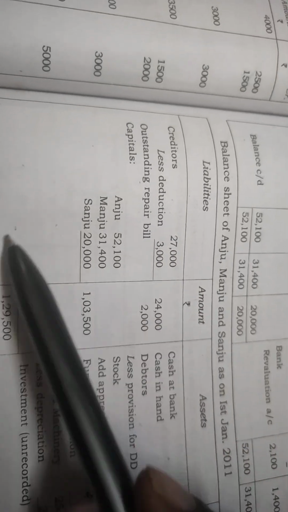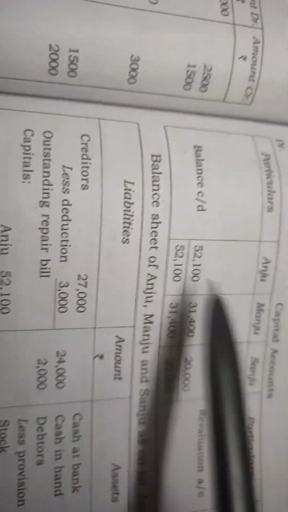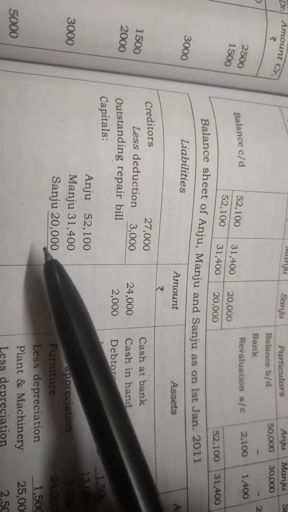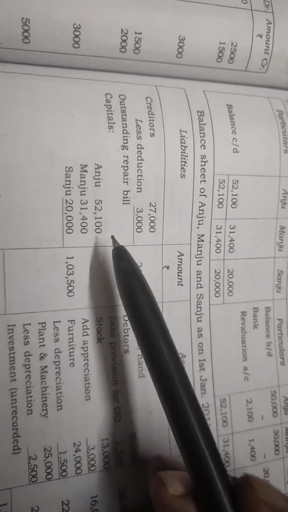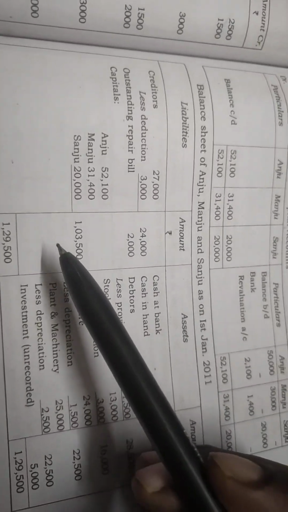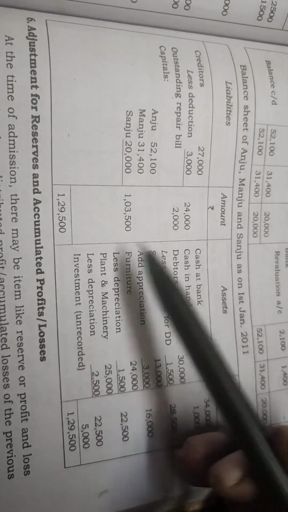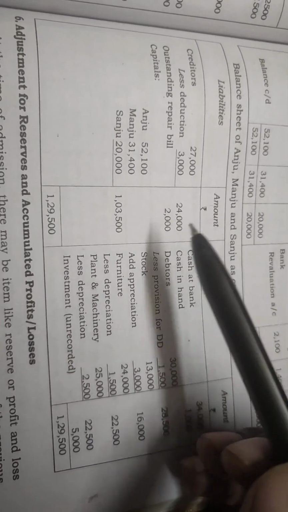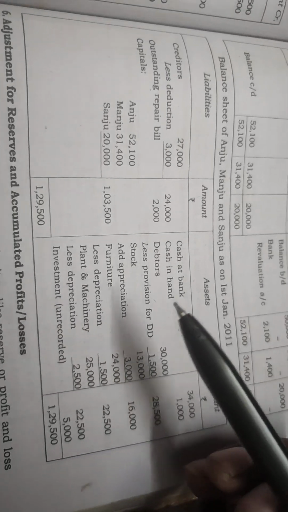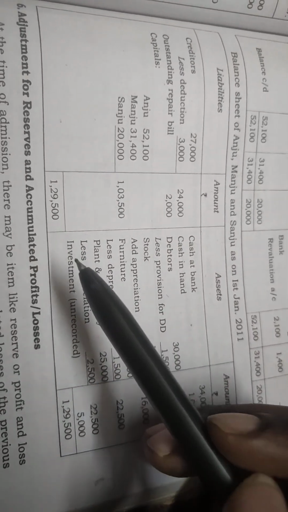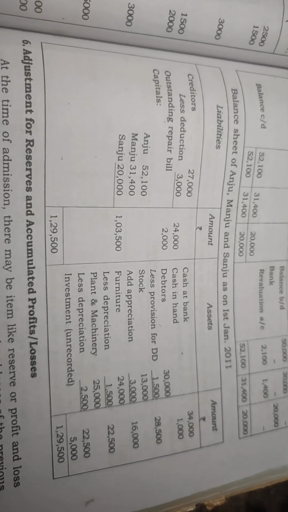Then the capital accounts of the respective partners, closing balances. The total is given in the amount column. The total of the liability side and asset side is 1,29,500. That's all for today. Thank you.